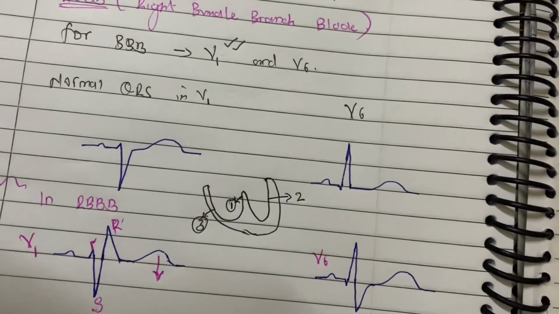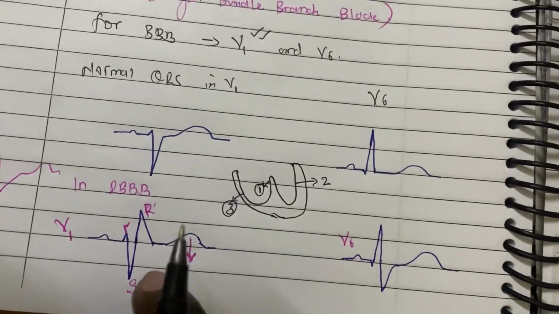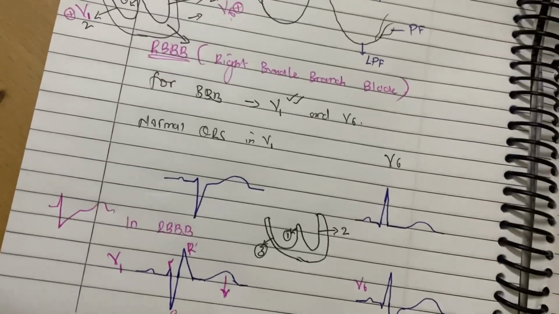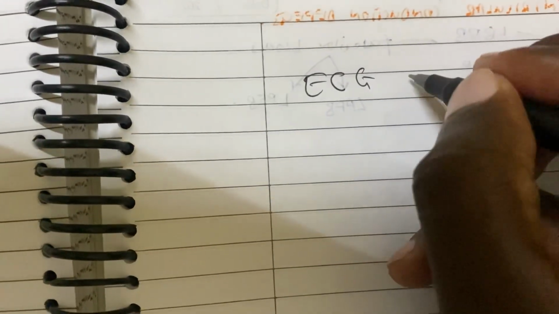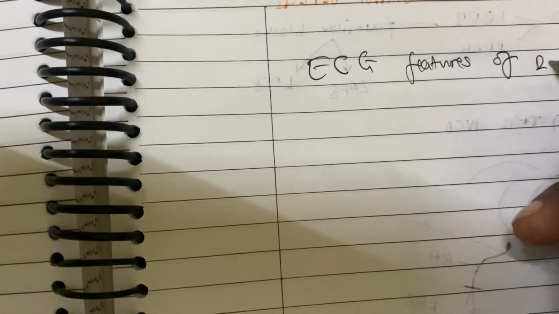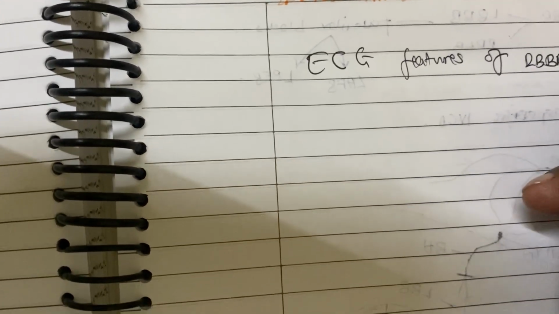That is RBBB. Now features of RBBB, apart from this one, we can write as ECG features of right bundle branch block.